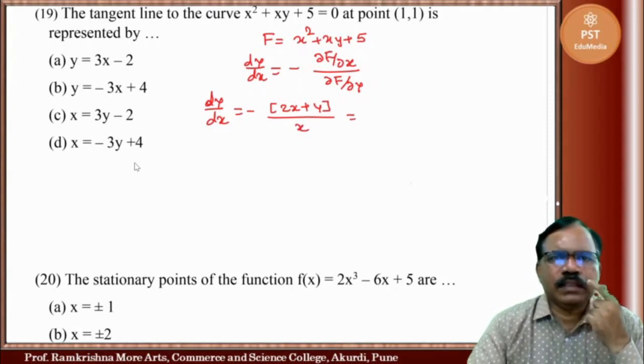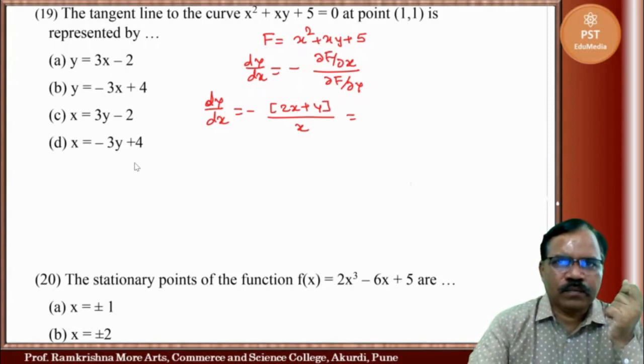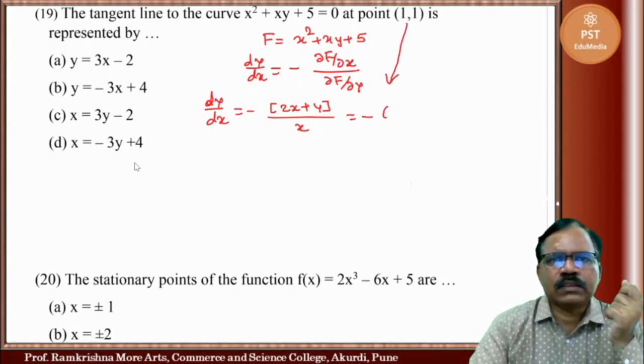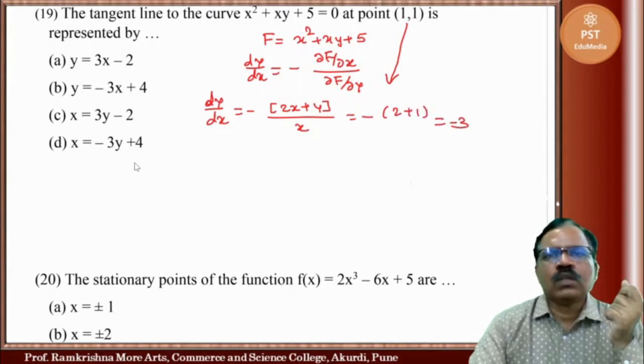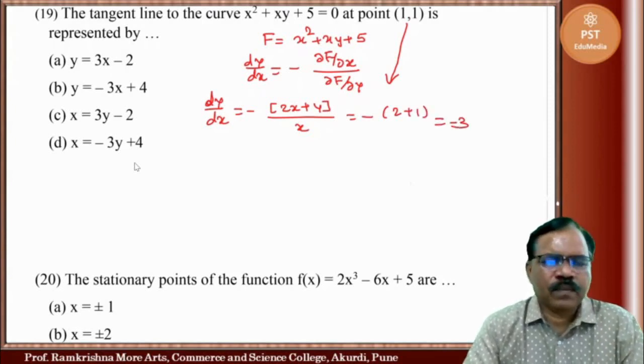So you will get this at (1, 1). At (1, 1) you will get minus 2 plus 1, that is minus 3. So slope is minus 3.